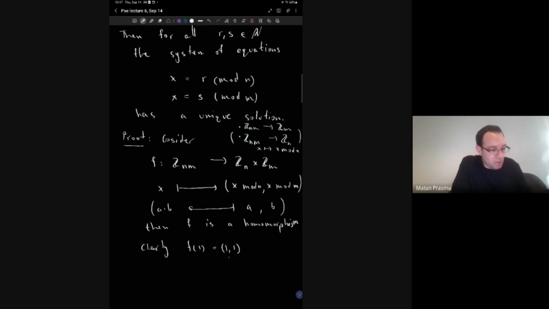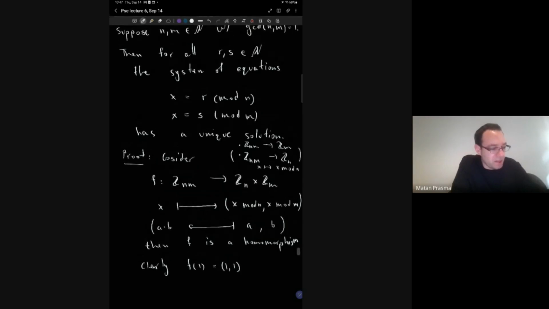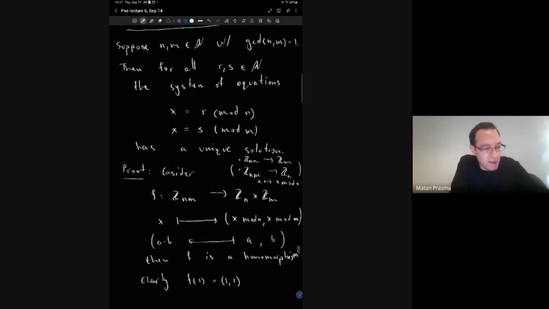And since we assume that the GCD of n and m is 1, we know by the previous lemma that the order of (1, 1) is n times m.